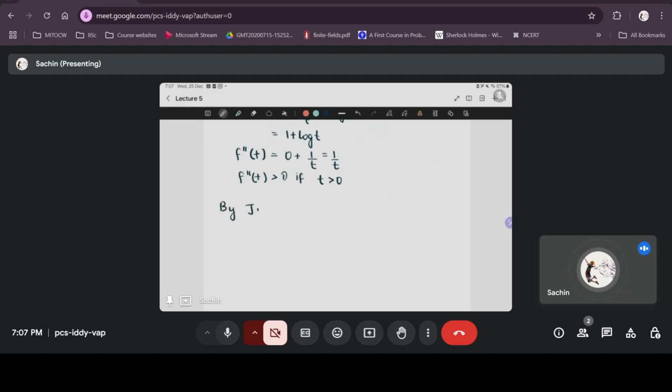So by Jensen's inequality, summation of alpha i f of ti greater than or equal to f of summation of alpha i ti for all values alpha such that alpha are positive, summation of alpha i is 1. So if alpha i greater than or equal to 0 and summation is 1, then that could be a probability distribution for the values of ti. Then this side is actually the expected value of f of ti, and this is the f of expected value of ti.